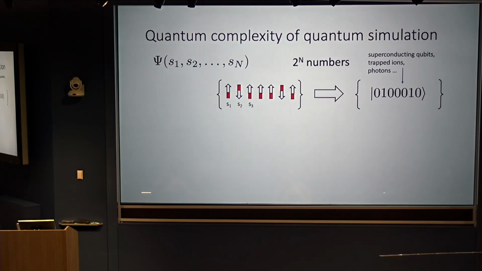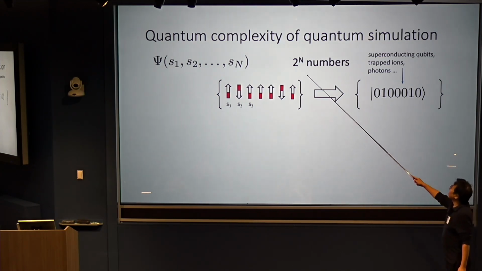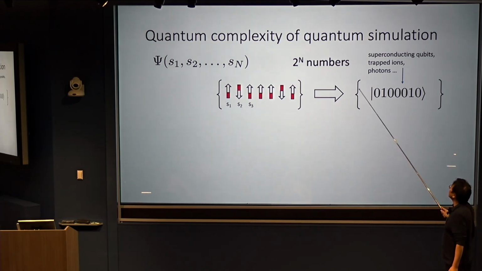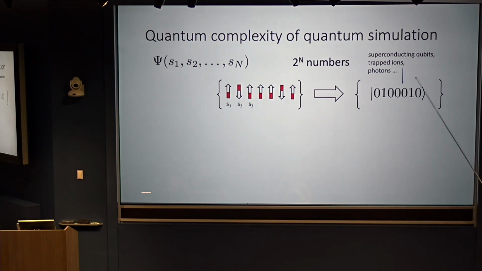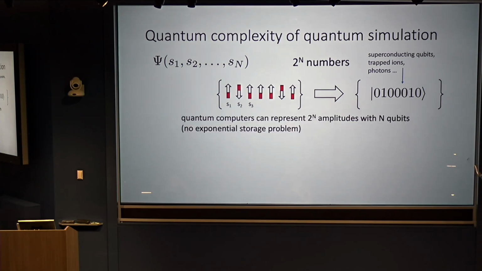And so as far as storage is concerned, we're just mapping an exponential number of amplitudes onto the exponential number of amplitudes of the quantum computer, and so there isn't really any exponential storage problem. Quantum computers can represent these exponential number of amplitudes with just a linear number of so-called qubits. So it solves one of the problems of quantum simulation, namely how you store your results.